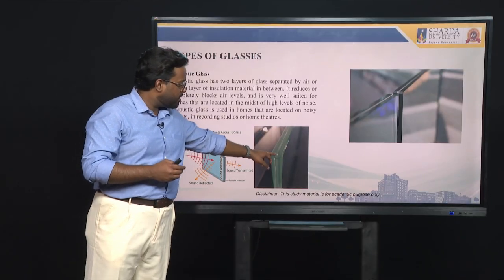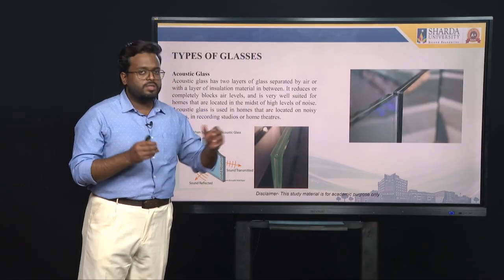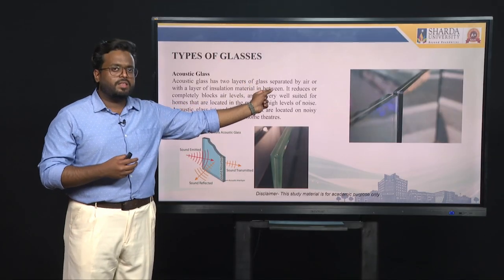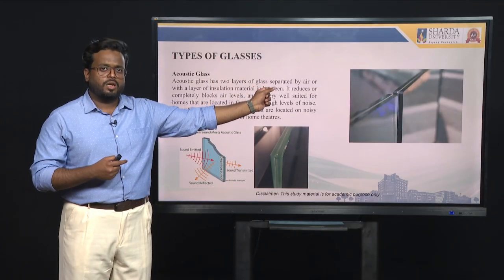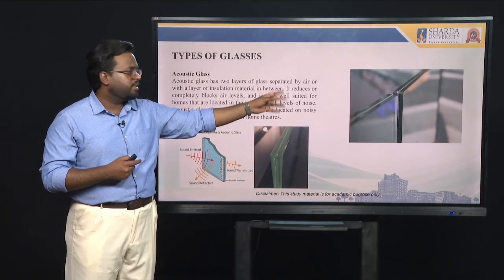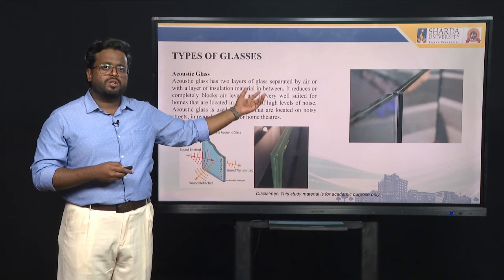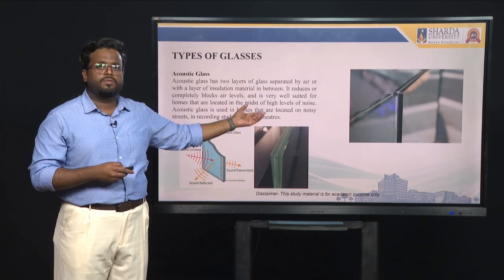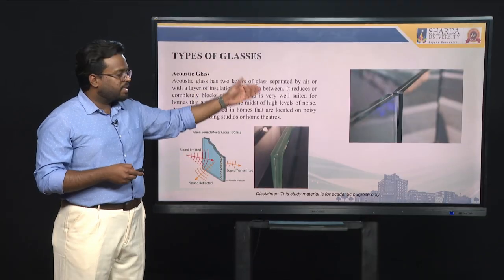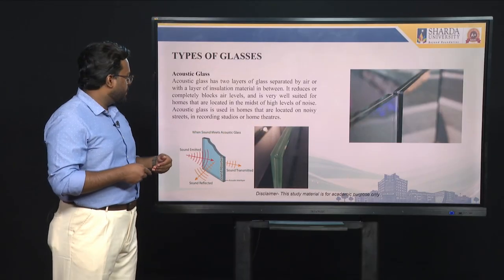There is a membrane in between these two glasses which does not allow the sound to pass through, and these glasses are very thin, maybe quarter inches or half inches thick, and the entire assembly is generally around 12 mm to 18 mm, right? You can use it in studios, or in offices where conference meetings and all those things are happening, right? So it basically cordons off your area which doesn't require that much amount of noise.